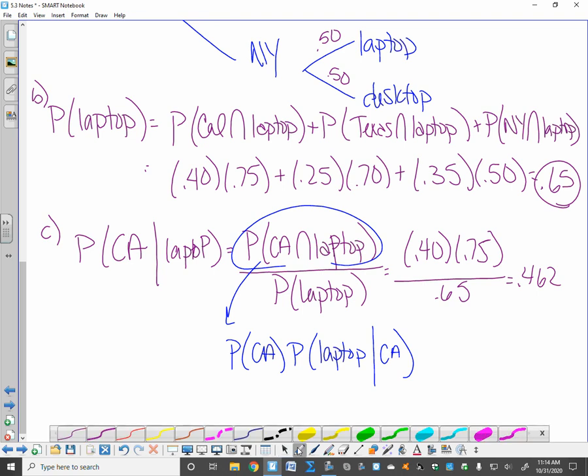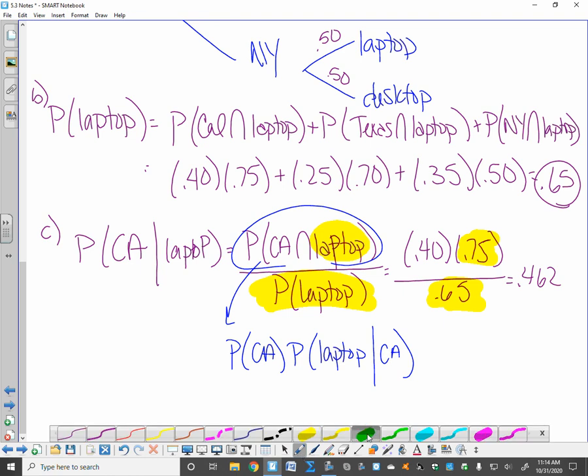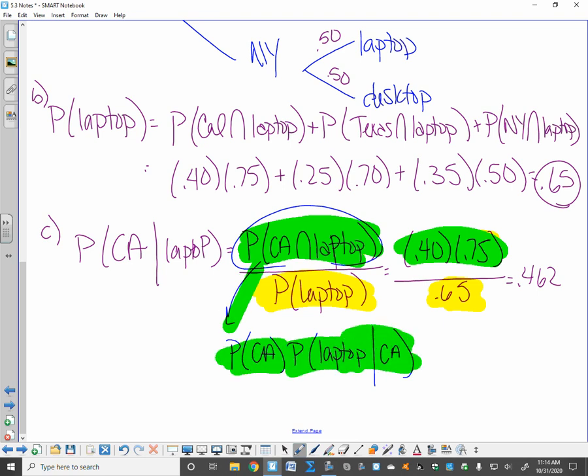So I'm trying to make sure that you understand that this and this are two different numbers. Okay, this piece here very easily comes from the tree, and that's why I just do that. But know that I'm using the formula California times the probability that it's a laptop given that it's from California, and that's why it's a 0.75 instead of a 0.65.